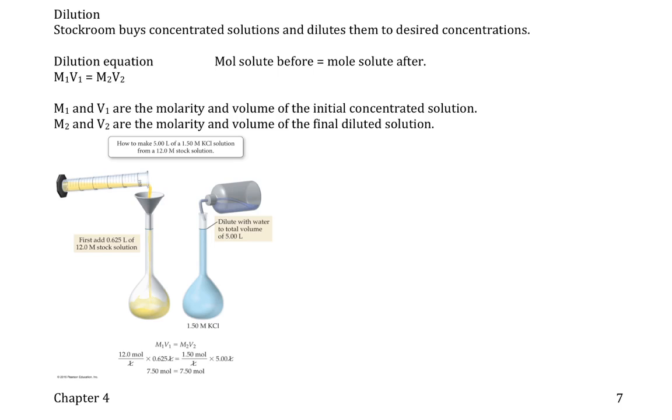Moles equal moles, so that's what it's based on. In our dilution equation, M1 and V1 are the molarity and volume of the initial concentrated solution. M2 and V2 are the molarity and volume of the final diluted solution.